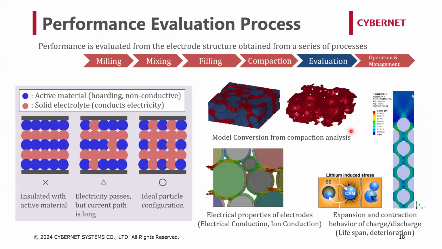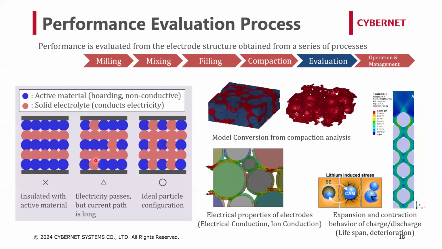Finally, we evaluate the performance of the molded products. The particle arrangement and the deformed state of the active materials and solid electrolyte obtained by the series of analysis processes are used to evaluate the macroscopic properties of the battery. The figure on the left side is a simple illustration of the relationship between particle arrangement and performance.